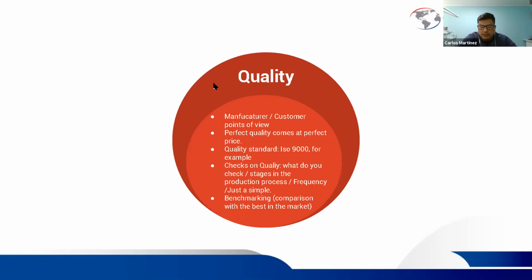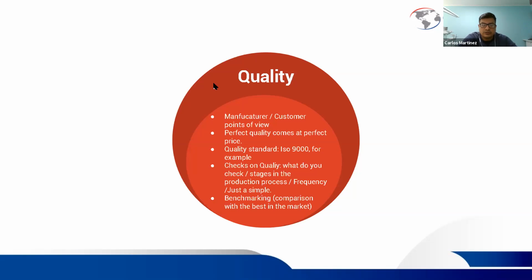If you notice, whenever you make a phone call to any company, they always tell you to wait after the call and please answer this survey. When you use an application, normally after you finish using the product, it's going to ask you to please answer this small survey. How many stars? Is it good or is it bad? It's always important for the manufacturer to know the point of view of the customer.